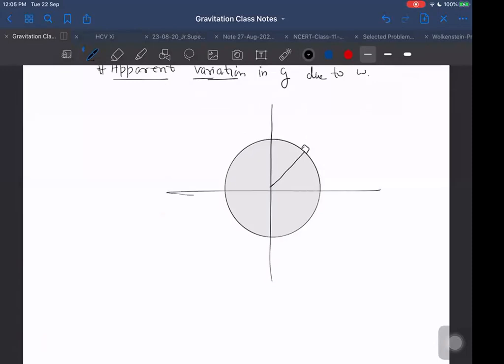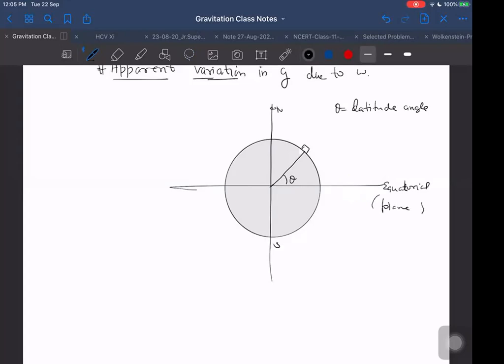This is the equatorial plane. And from the equatorial plane, if we are at an angle of latitude theta, theta is called the angle of latitude. When we measure from the equatorial plane, it is called the angle of latitude. And if we go from the north-south pole and start measuring, that is called colatitude, 90 minus theta.